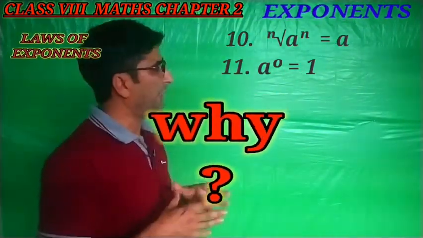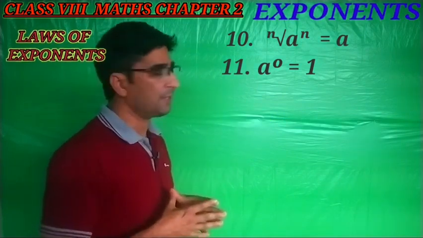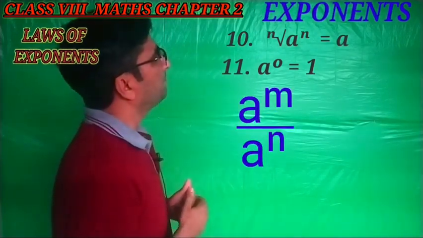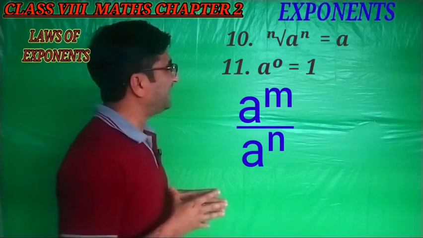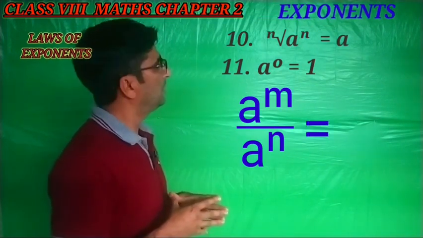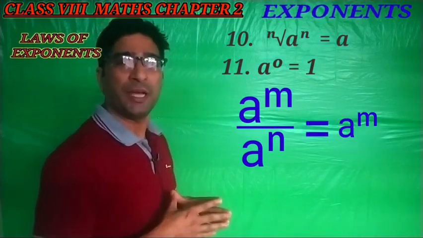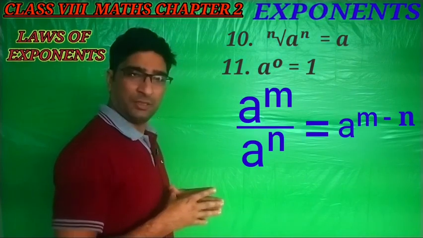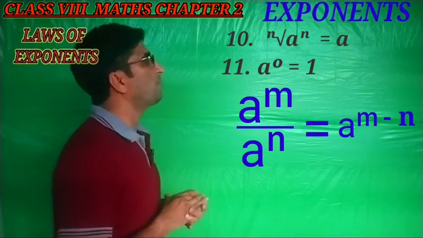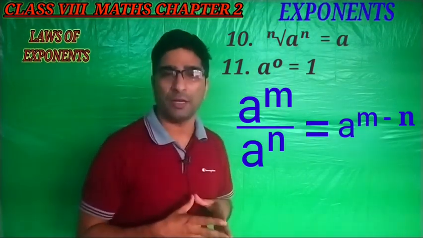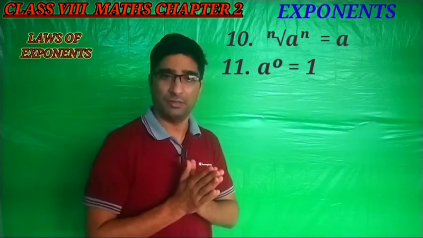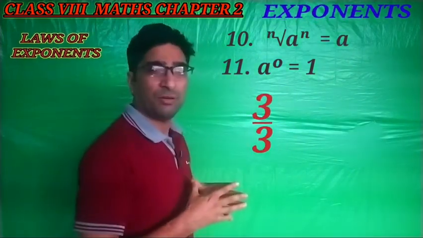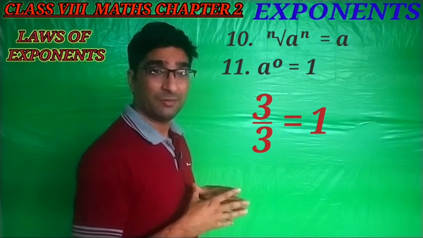According to one of the laws we discussed today, a to the power m by a to the power n is equal to a to the power m minus n. If you apply the same property to find out a to the power 0, you can understand. Check 3 by 3 equals 1.